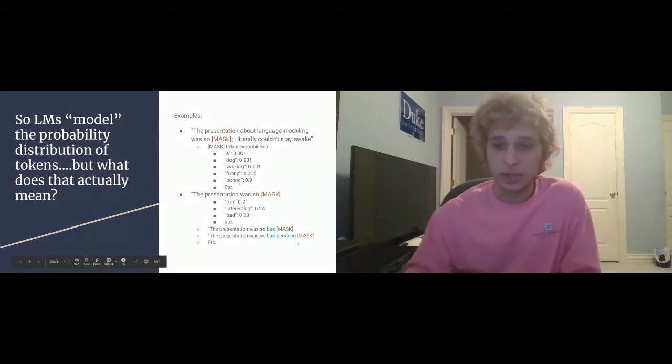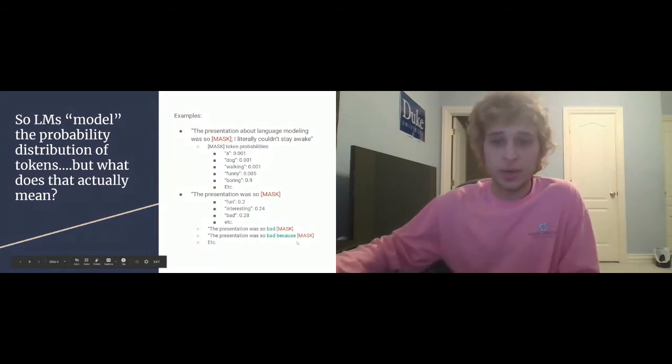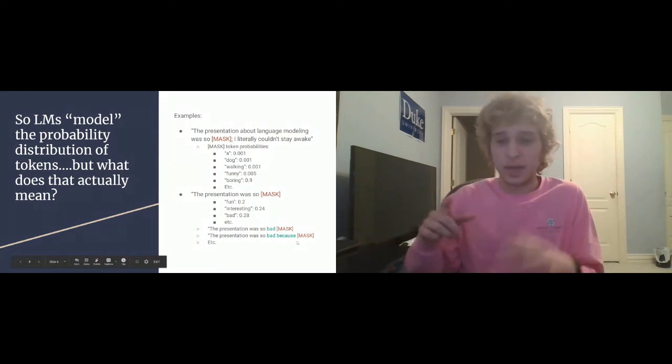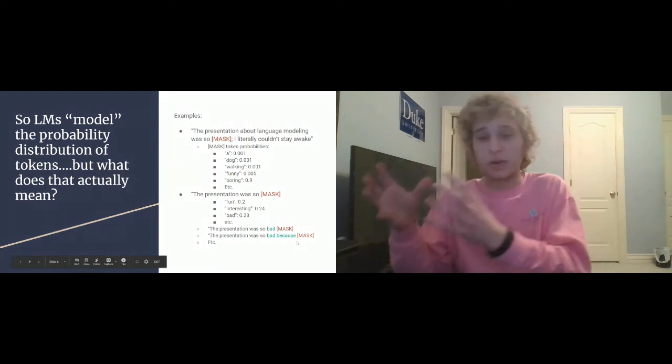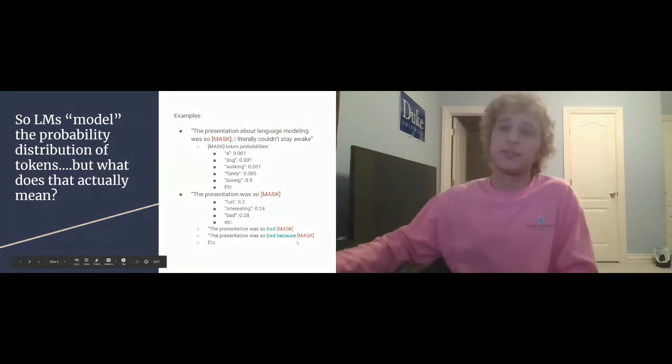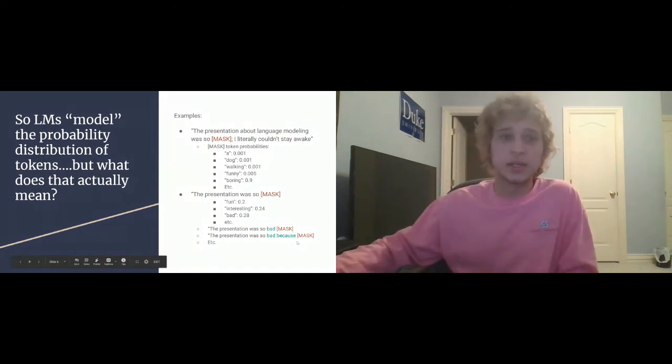This is called auto-regressive language modeling, where "auto" means self, and "regressive" is the idea of a loop, where you take its own output and feed it back into itself. If you keep doing this, you can generate text, which is pretty cool.